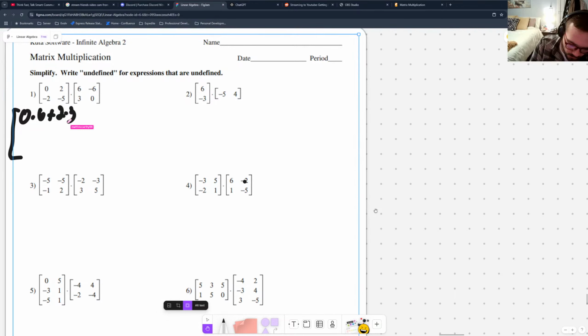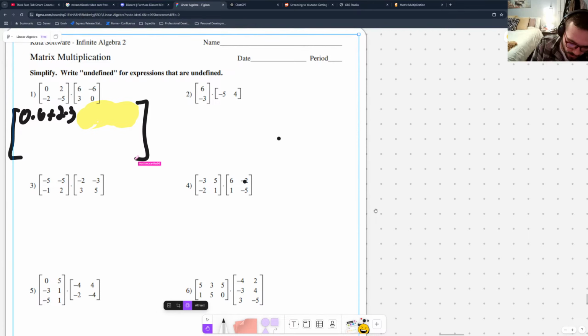Next we would do 2 times 6 plus 2 times 3? Do you want me to finish this one? What I'm thinking is we'll write out everything and then we'll write the final matrix. Okay.